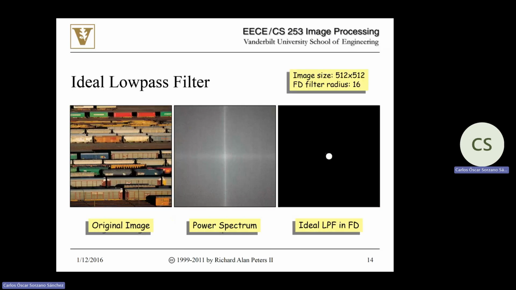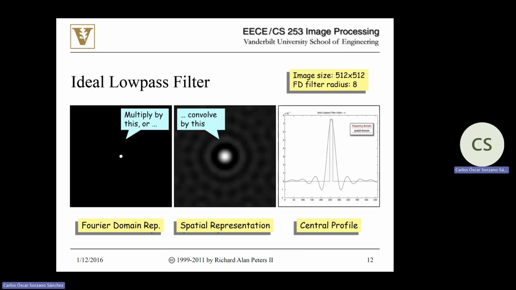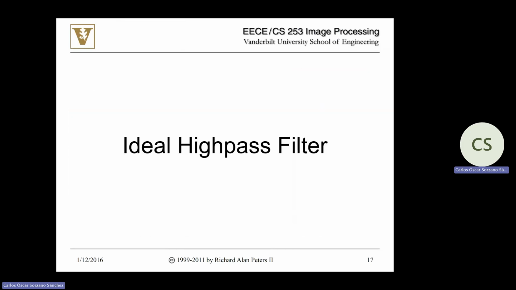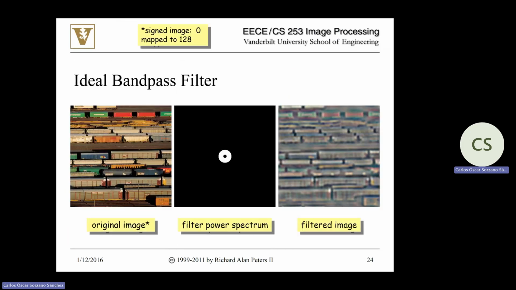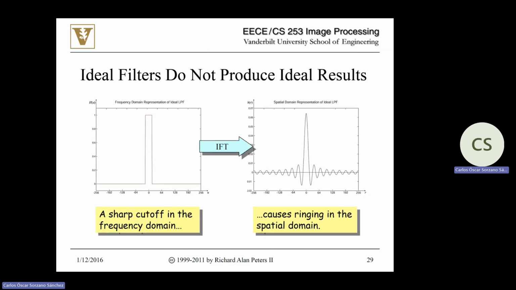This one was relatively narrow in Fourier space and wide in real space. This is even narrower, and this is even wider. So this is the uncertainty principle that we have from the Fourier space. This we already saw and discussed the other day.